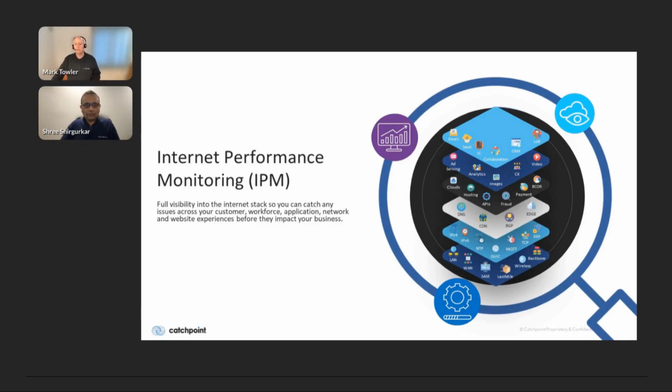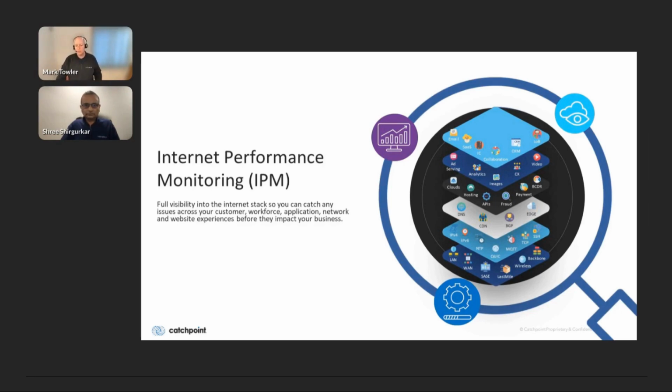What IPM is all about is monitoring your entire Internet stack. We provide full visibility into the Internet stack. So if there's any sort of issues that are impacting your customers, your workforce, your applications, your network, or any of your website issues, you want to catch those before they cause a bad experience and impact your business.